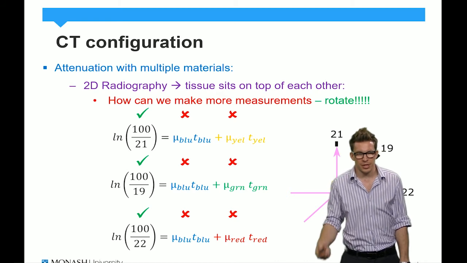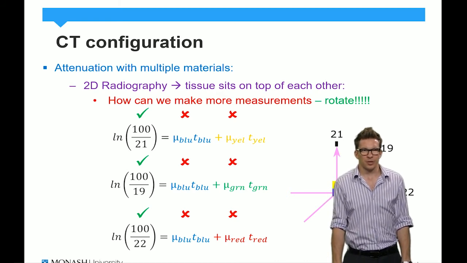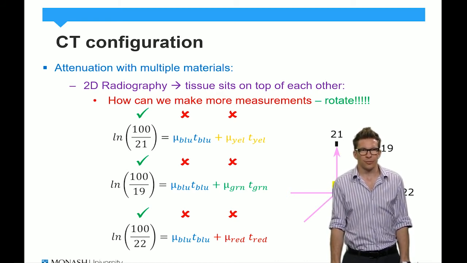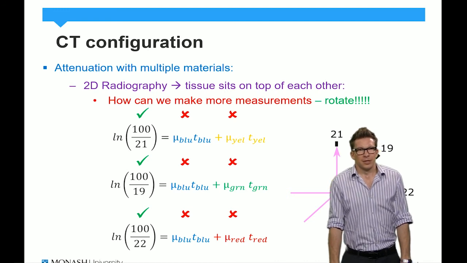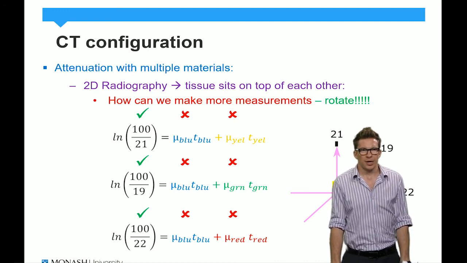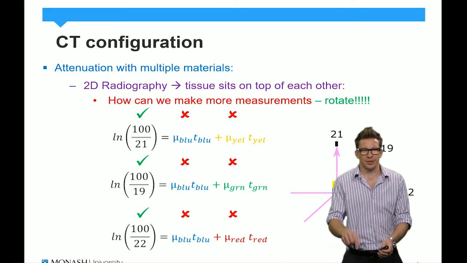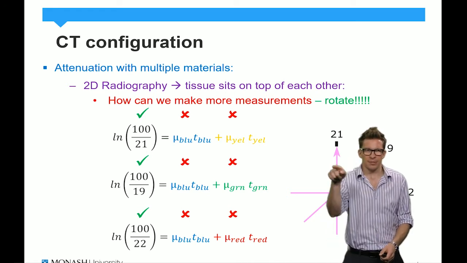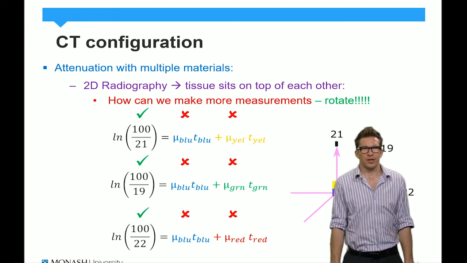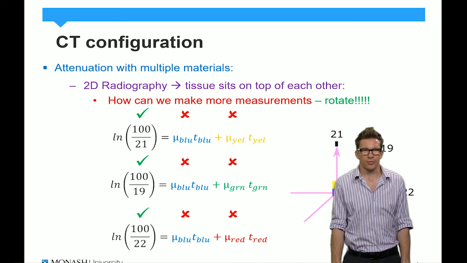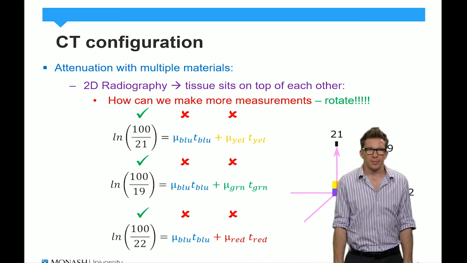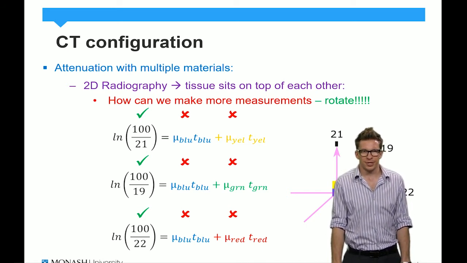So if we want to do three-dimensional imaging, we have to take lots more measurements in order to solve for all these unknowns. So here we can see three simultaneous equations. I've taken my X-ray source and rotated it to three different positions around the object. The first position, the X-rays go through the blue and the yellow objects. The second position, they go through the blue and the green objects. And the third position, they go through the blue and the red objects.